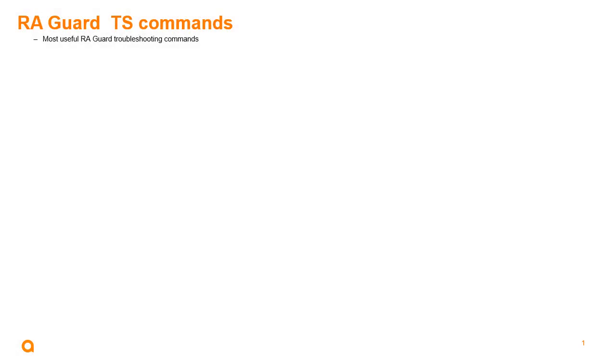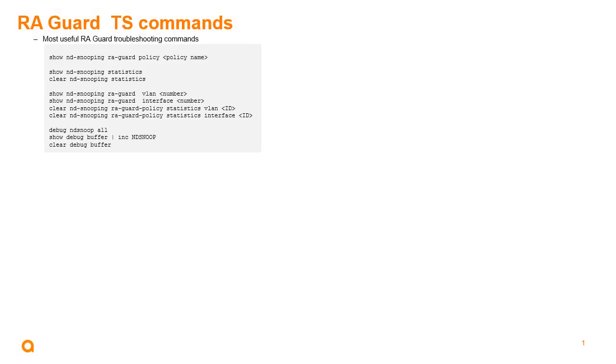Here I've shown some of the most useful RA guard troubleshooting commands. So we can see how a policy is configured. We can look at various statistics as well as clear them. We can also debug using ND Snoop. On the right, we can see the show ND snooping RA guard policy. We can see where the RA guard is applied.